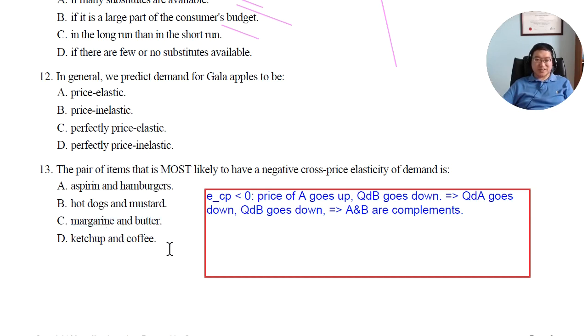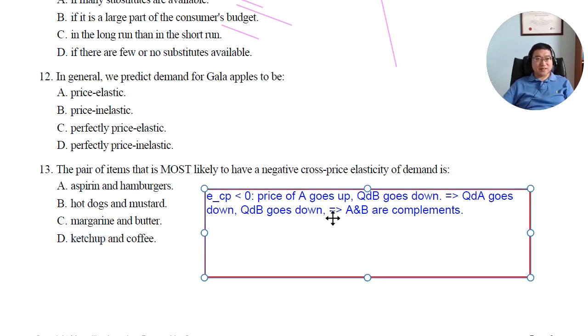Margarine says it is like real butter. D, ketchup and coffee. Again, these two are not closely related. You do not have to have coffee at the same time to have ketchup. You may have coffee and a hamburger for lunch, and it's a little bit far to say ketchup has to be there unless you order French fries.